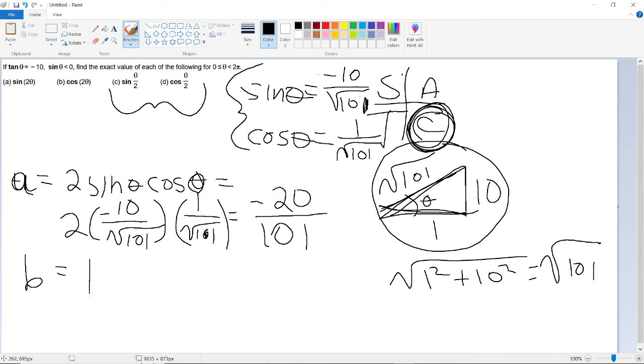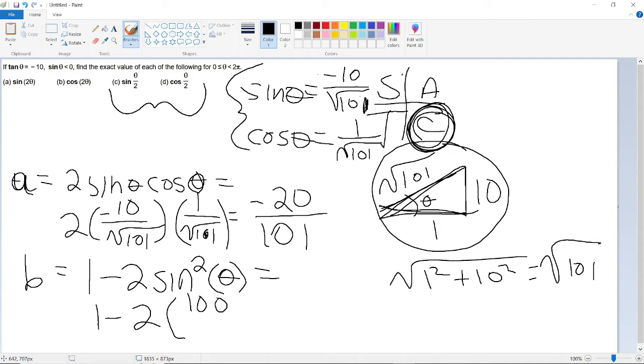So it equals 1 minus 2 times sine squared. Sine theta is negative 10 over square root of 101, so sine squared is 100 over 101, since negative 10 times negative 10 is 100 and square root 101 squared is 101. So 1 minus 200 over 101.